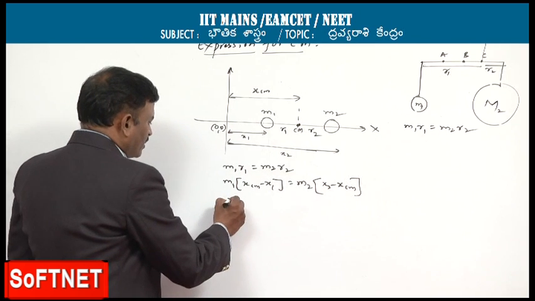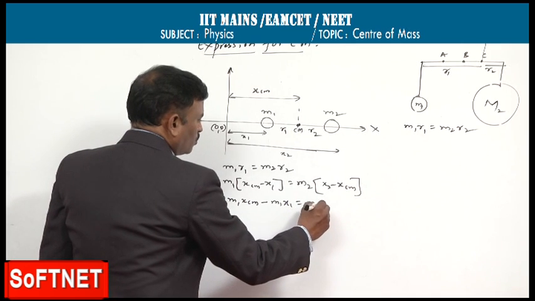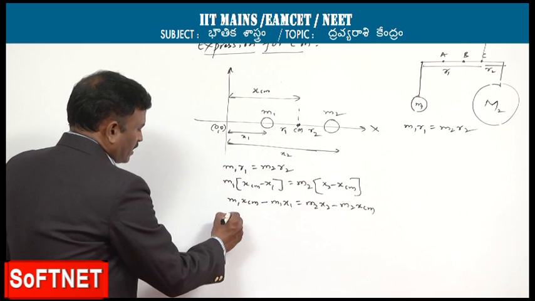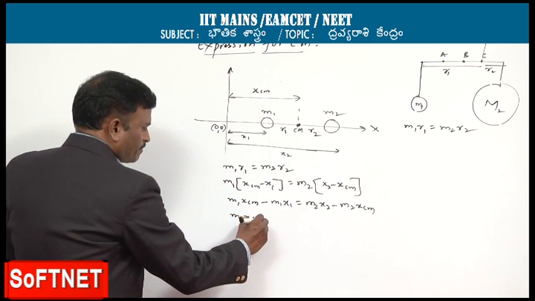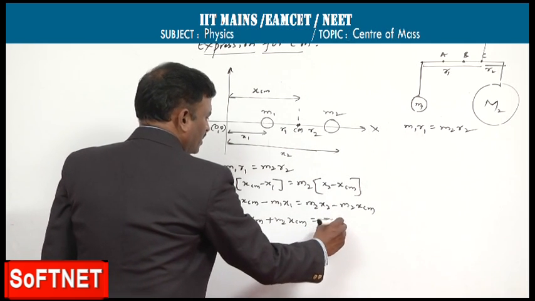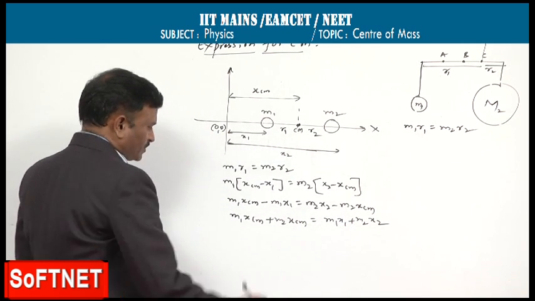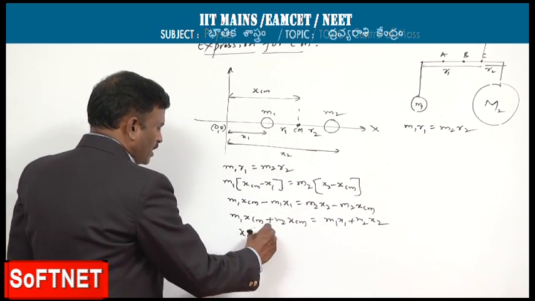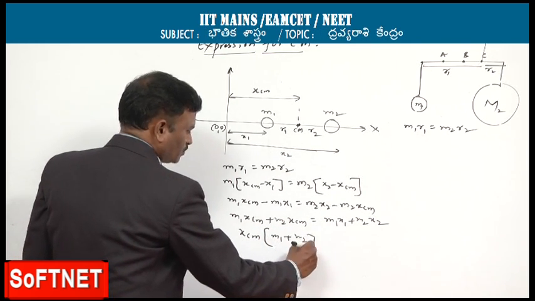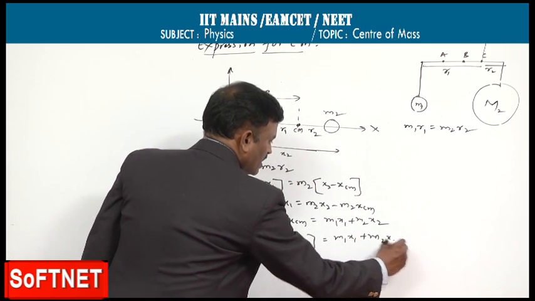Here M1 XCM minus M1 x1 equals M2 x2 minus M2 XCM. So M1 XCM plus M2 XCM is equal to M1 x1 plus M2 x2. We can take XCM common: XCM (M1 plus M2) is equal to M1 x1 plus M2 x2.